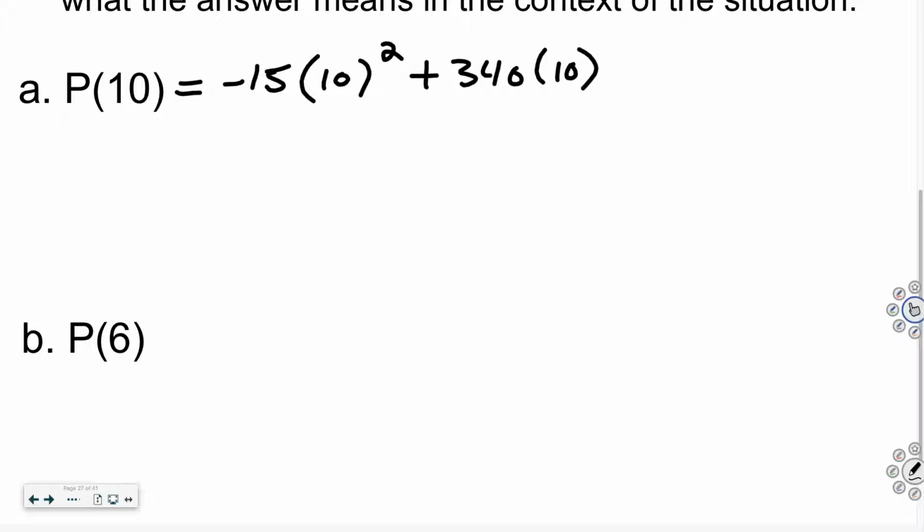Let me type this in the calculator. Negative 15 times 10 squared plus 340 times 10 is 1900. So what does that mean? That means that if the tickets are $10, then they'll make a profit of 1900.